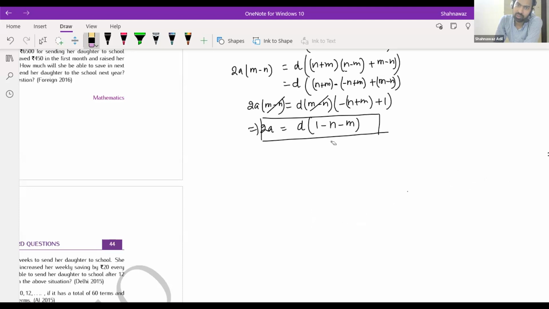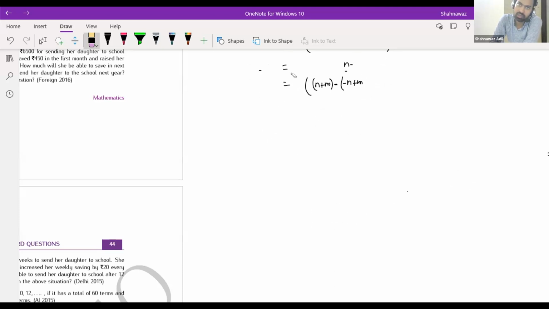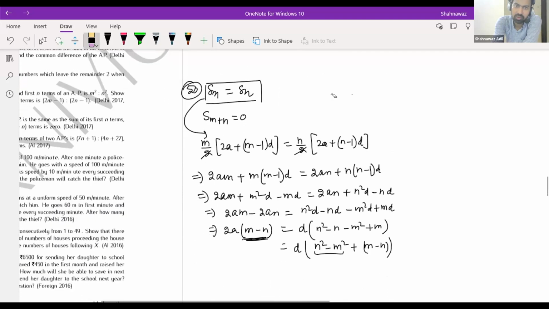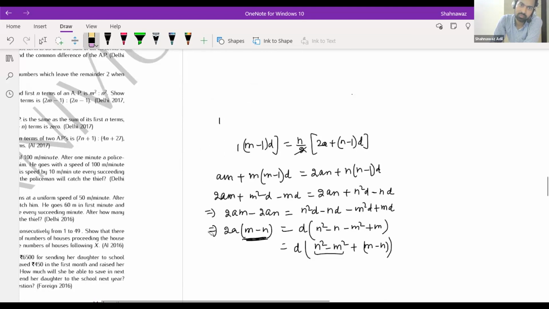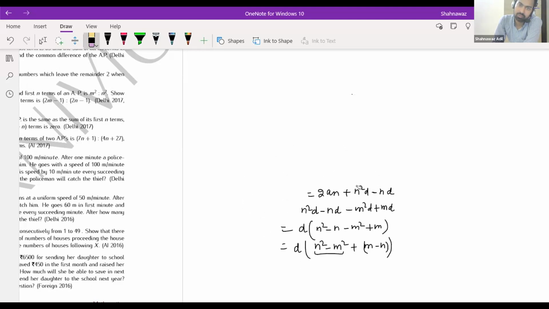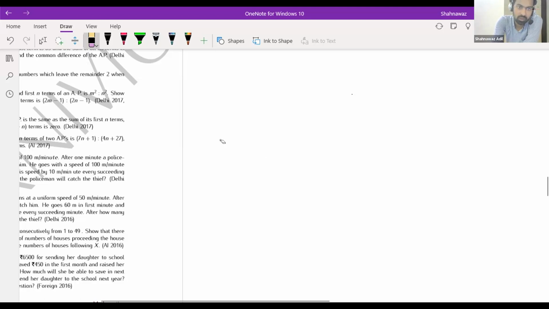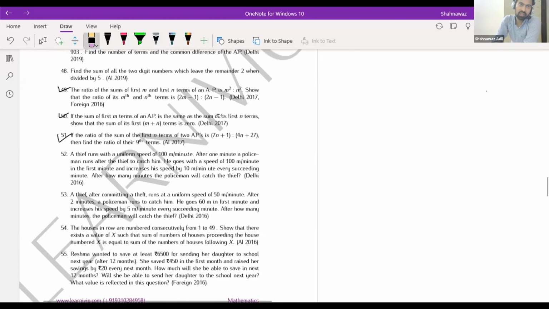Now let us start the next problem. The ratio of the sum of the first n terms of two APs is given. We have two different APs, one with sum Sn, the other with Sn prime.